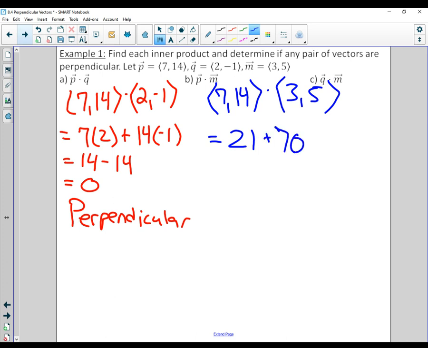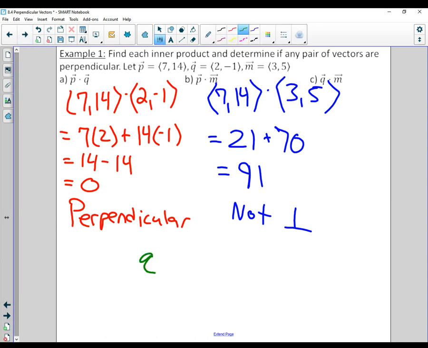Is that right? Are they perpendicular? I don't feel like writing perpendicular out. No, that's not 0, so they're not perpendicular.